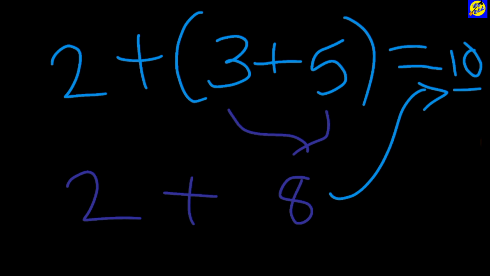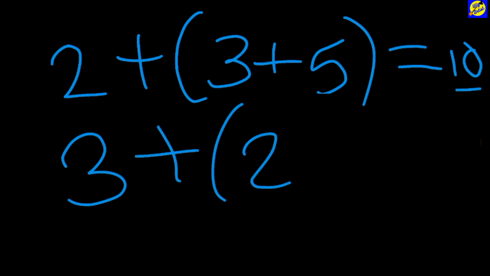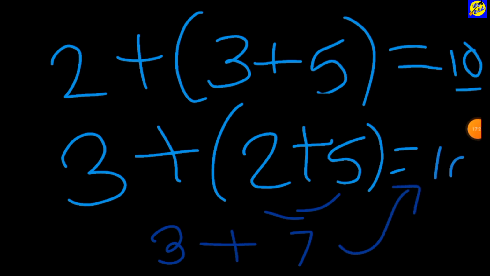But now, if I change the position of the brackets, let me do it: (3 plus 2) plus 5. Here 2 plus 3 is 5 and 5 plus 5 is equal to 10. It's equal to 10 only.